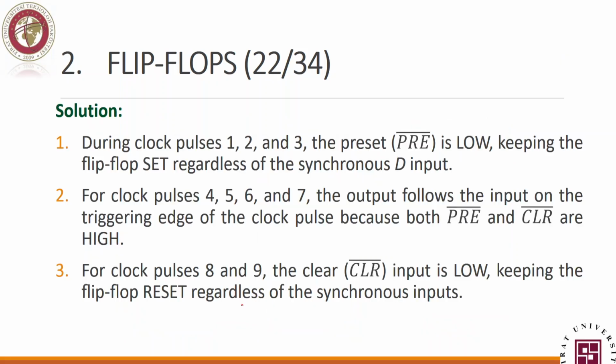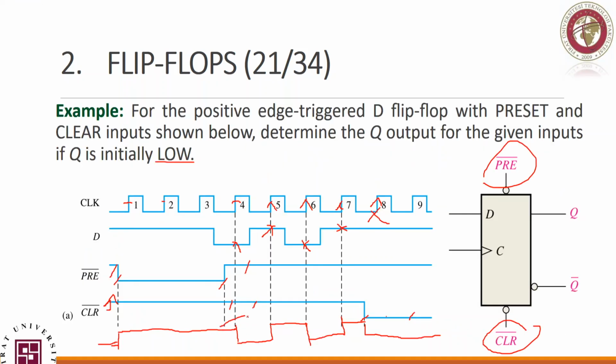Pay attention to this, I always explain about this, it is very important. After the preset or the direct set, you don't say Q will go low when it's off. It will not. Q won't change unless something forces it to change.